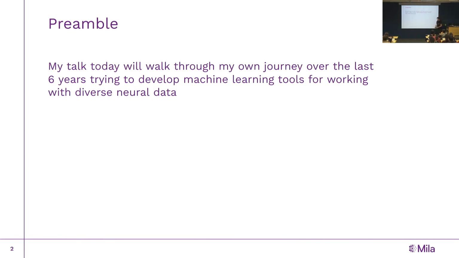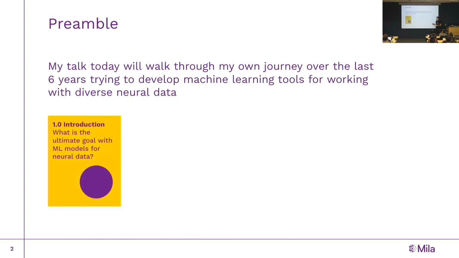I describe my group broadly as being interested in general principles of intelligence that apply equally to artificial and natural systems. But one of the things we have to do if we want to understand general principles of intelligence, be they in a natural or artificial system, is to actually be able to analyze those systems and make statements about them and test hypotheses with them, and also, of course, do downstream stuff with them. And for that, you really need good machine learning tools, as I'm going to argue to you today.